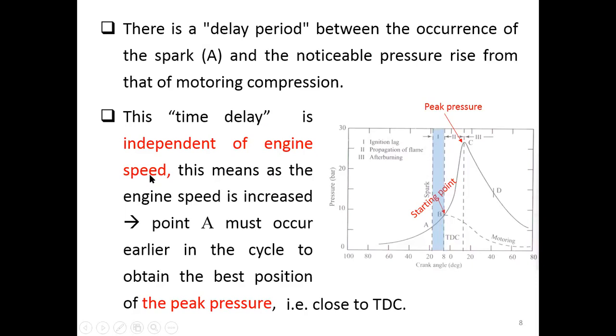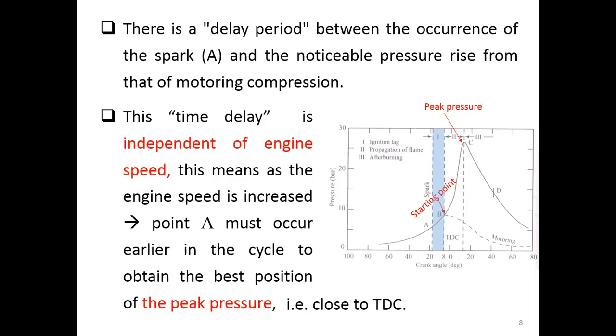The amount of time delay does not depend on the engine speed. What does it mean here? It means that no matter what the engine speed is, for a certain engine, this time delay will be constant. And the key point of the constant is what?